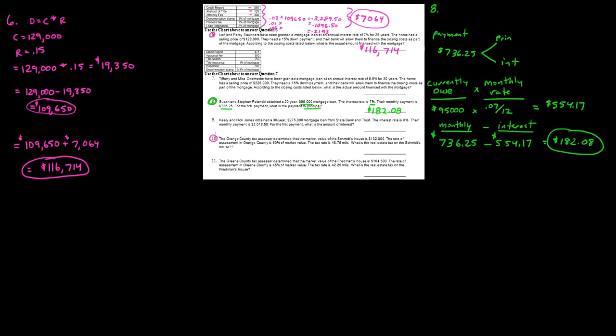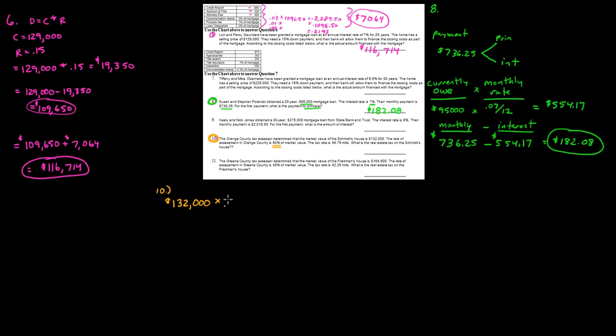So let's lastly look at number 10 here. We'll do this one in orange. Orange is a property tax problem. So to find the property tax, we first have to figure out what the assessment rate is. And it says that the assessment rate is 50% of the actual value. So let's do number 10 here. So we are going to take the value of the property, $132,000, and we will multiply that times the assessment rate.